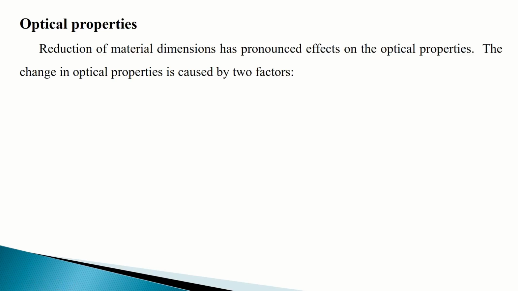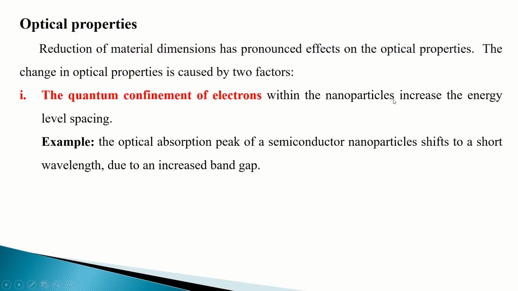Next, we look at the optical property. The reduction of material dimension has pronounced effects on the optical property. The change in the optical property is due to two factors. The first one is quantum confinement of electrons, which tells that your energy level spacing will be increased.